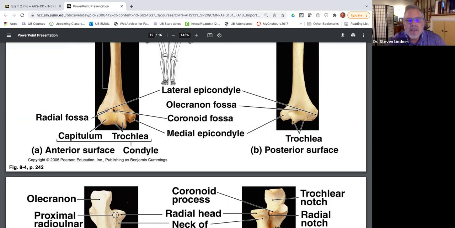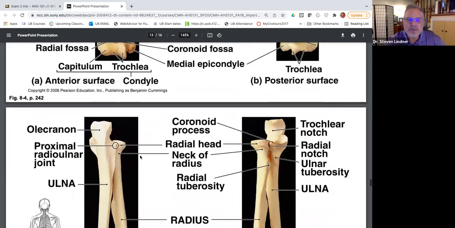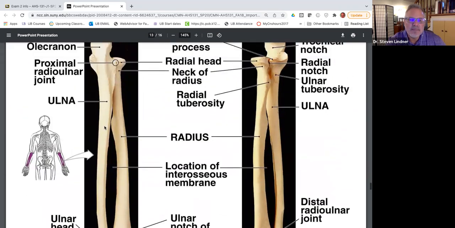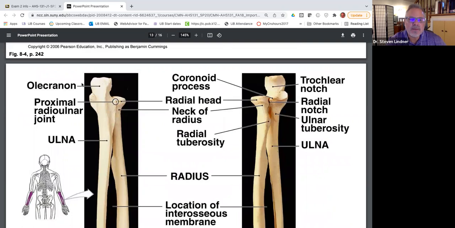Okay. On the posterior side, there's the olecranon fossa. How does the olecranon fossa get its name? Well, remember, this is on the posterior surface of the humerus. If we look at the posterior surface here of the ulna, the proximal part of it is called the olecranon, or olecranon process. This is the part of your elbow when you're leaning on a desk or leaning on a table.